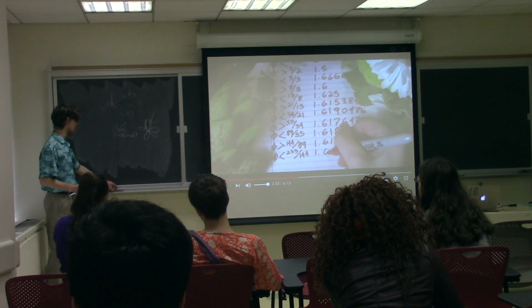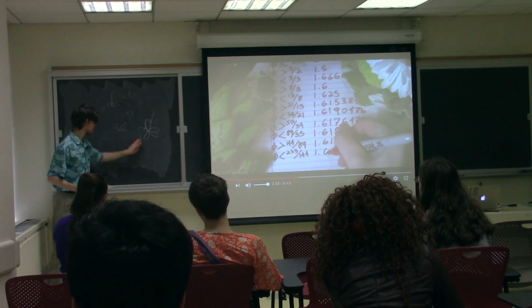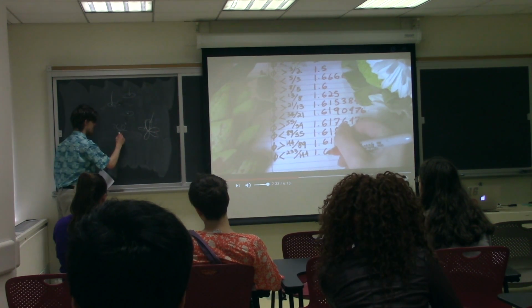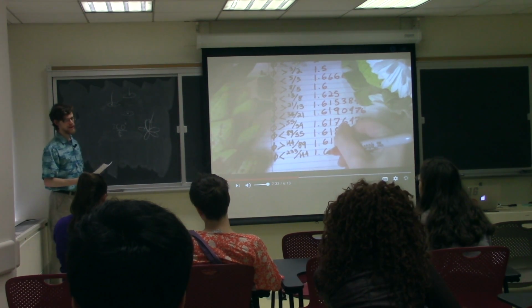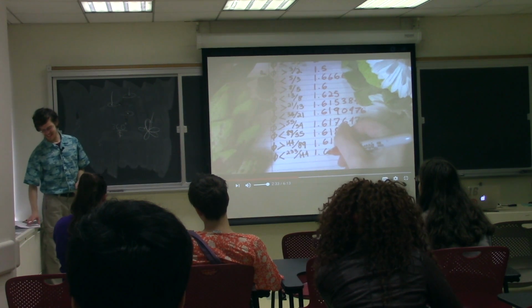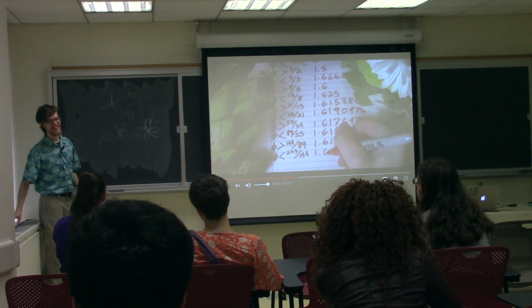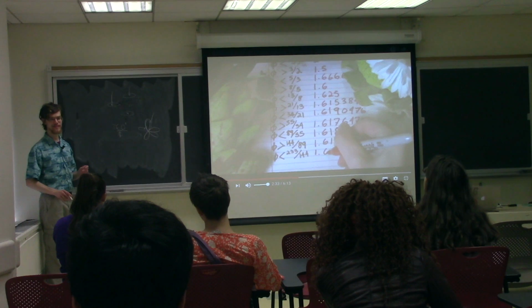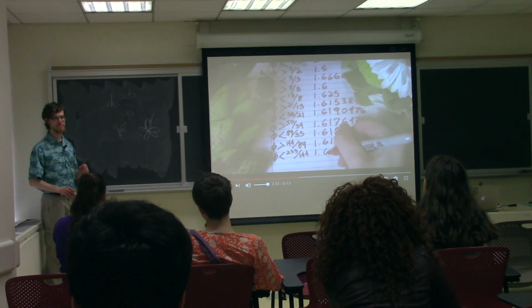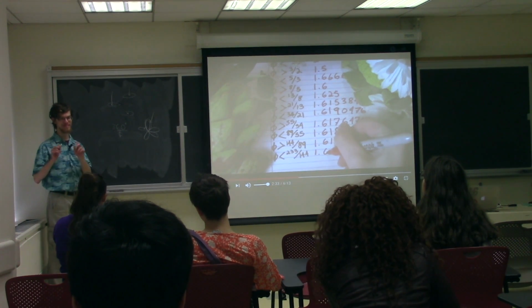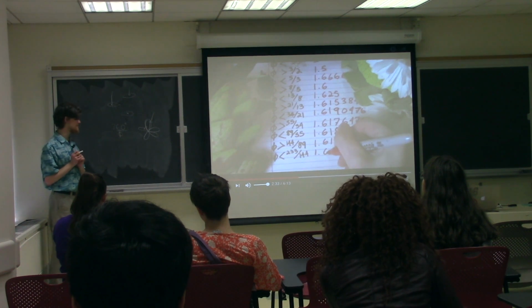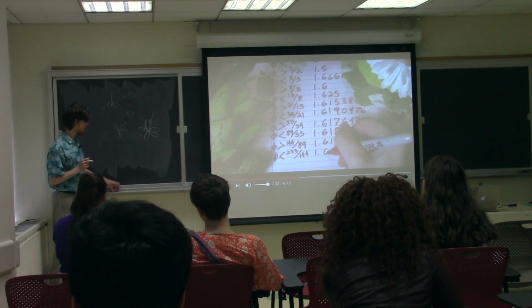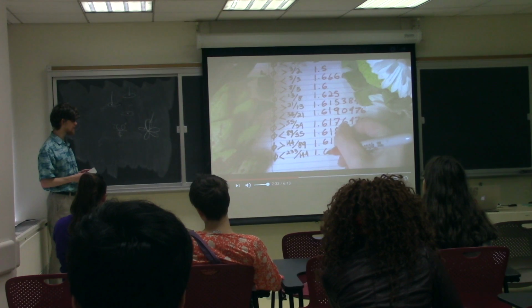Okay, so second, she says phi is the most irrational number. And that statement is not entirely precise. So there's different meanings that you could assign to the phrase most irrational. And one thing that you could say is that, well, what does it mean to be irrational?